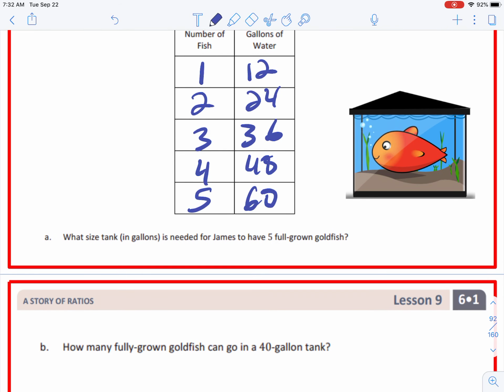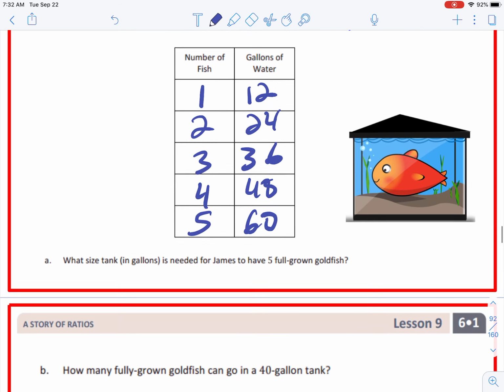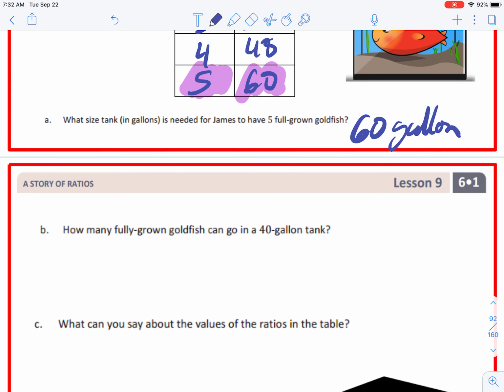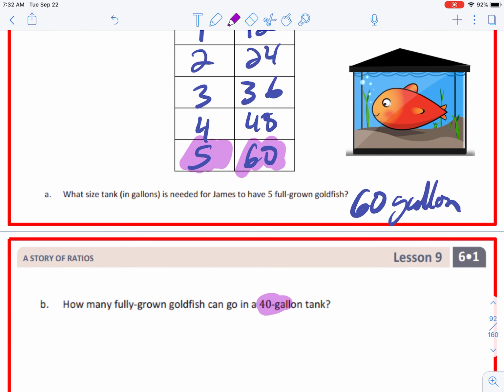So what size tank is needed for James to have 5 full-grown goldfish? Well, we look at the 5 full-grown goldfish, and he will need a 60-gallon tank. Yeah, that's a huge tank. How many full-grown goldfish can go in a 40-gallon tank? Well, 40 is going to lie somewhere between 3 and 4.